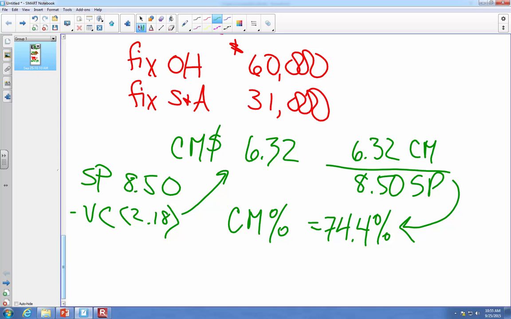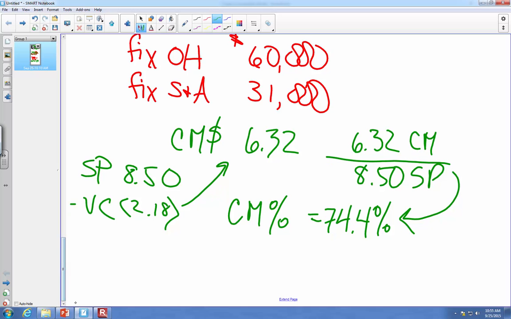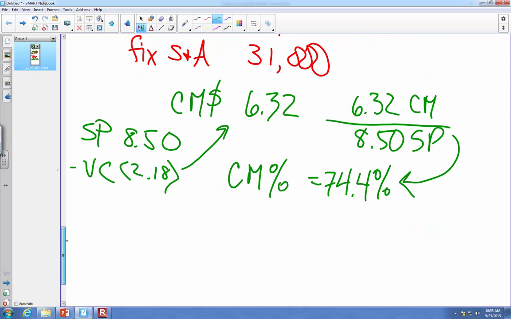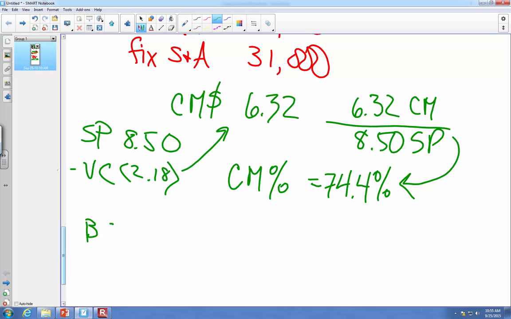And here's how I memorize that. Well, I'll show you in a second. Let's get the answers, and then I'll show you how to remember that, because that's a good one to remember. What were my fixed costs in total?